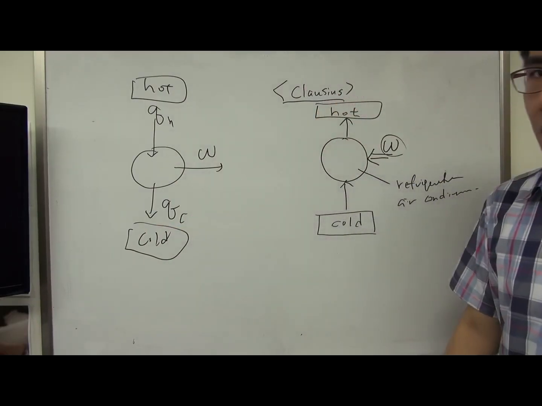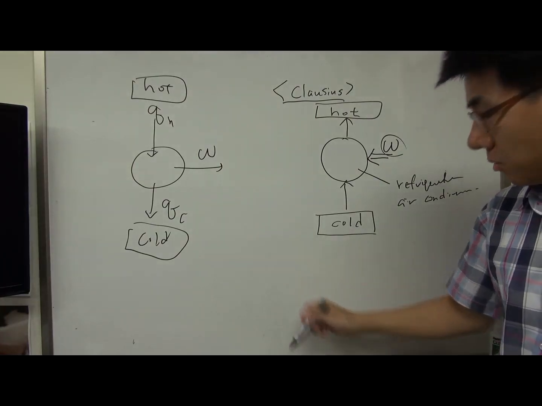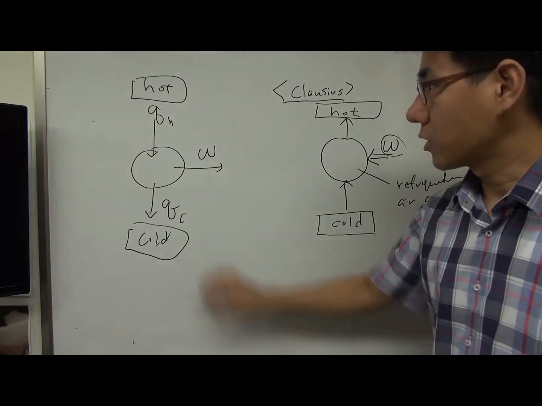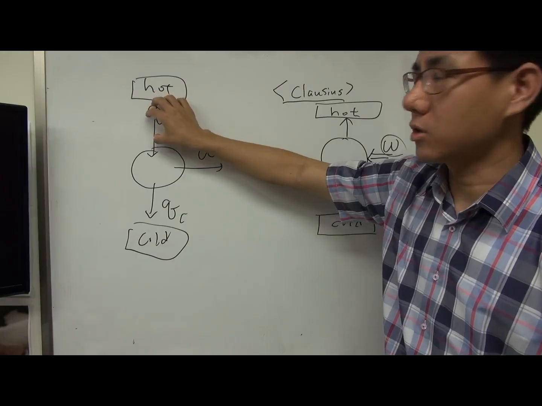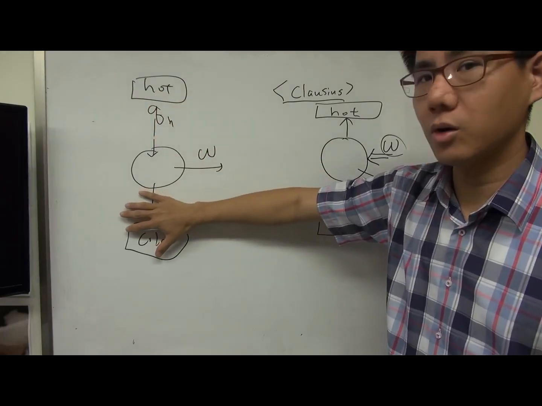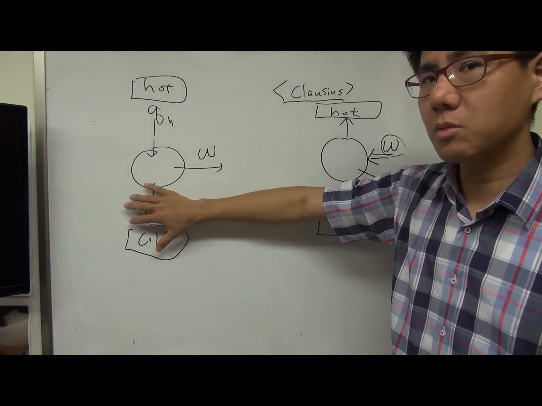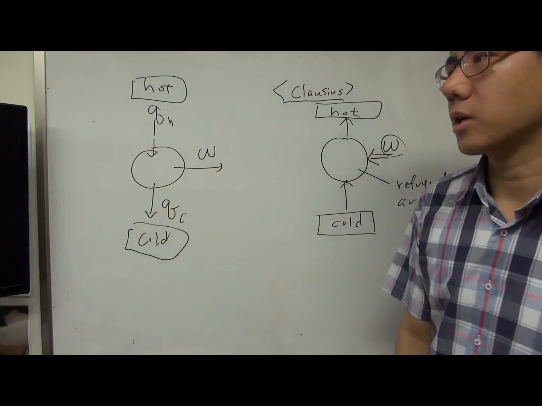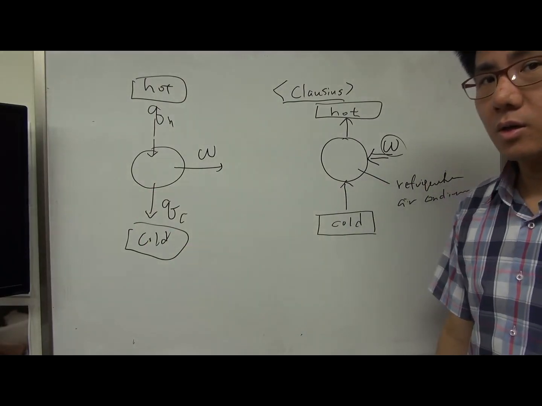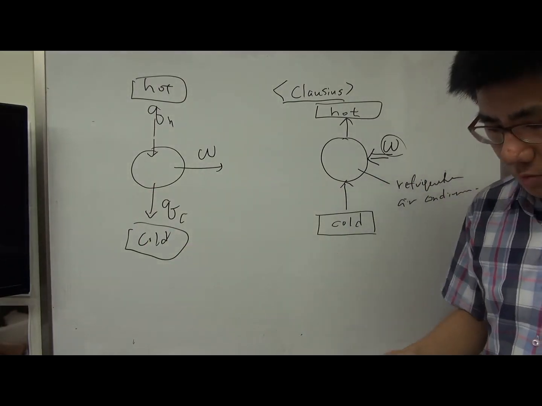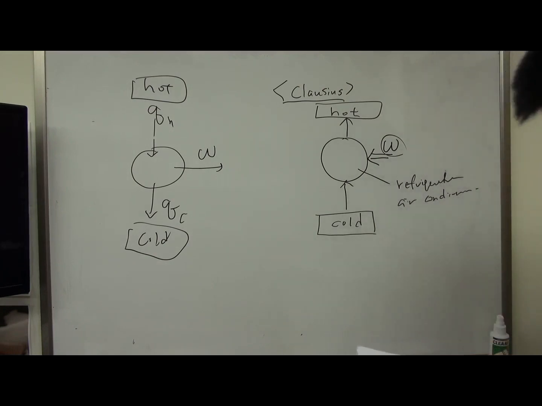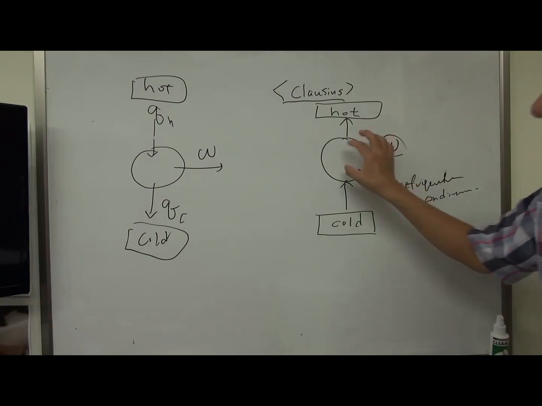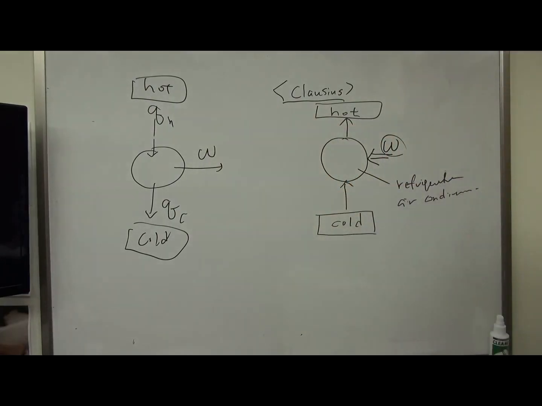This is possible, but converting total heat energy into work without dumping some amount of energy into a colder body is not possible. Okay? This is the statement by Lord Kelvin. Actually, both Clausius's and Kelvin's statements about the second law of thermodynamics are the same.